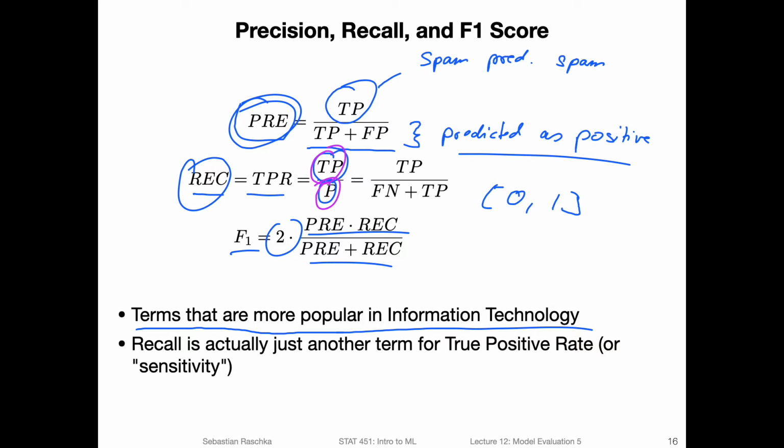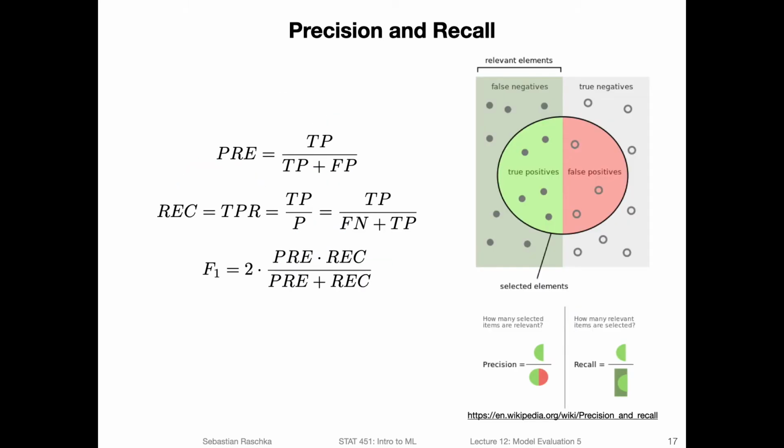So if you would write a paper, for example, for a computational biology journal using machine learning, then maybe using precision and recall is not the best idea, because most people in computational biology use sensitivity and specificity to analyze their systems. So like I said, recall is actually just another term for the true positive rate.